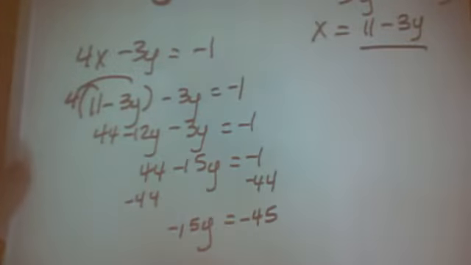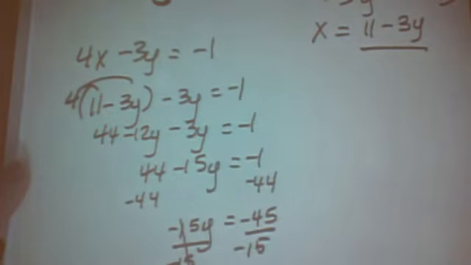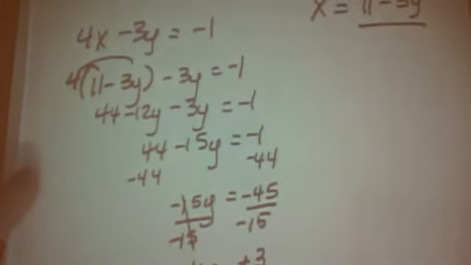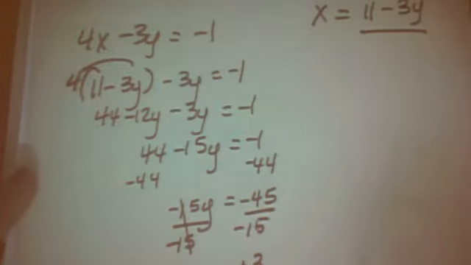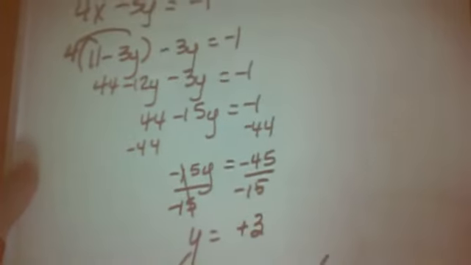Last thing, to get the y by itself, I divide both sides by -15. Cancels on the left side, and I get y is equal to +3 because I have a negative over a negative. Your answers, if you have a specific point, will always be in the form of x comma y.